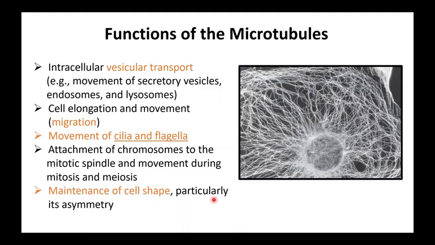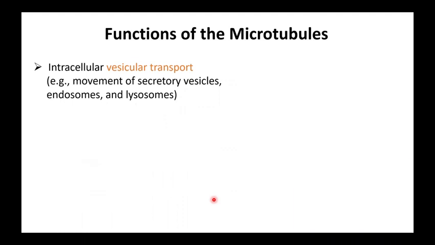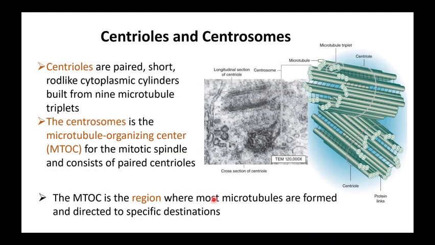Centrioles come together along with other organizing proteins, and that is the centrosome. That's where the microtubules are formed. Okay. So a lot of centrioles is a centrosome. Two centrioles is one centrosome. There you go. Okay. That makes sense.